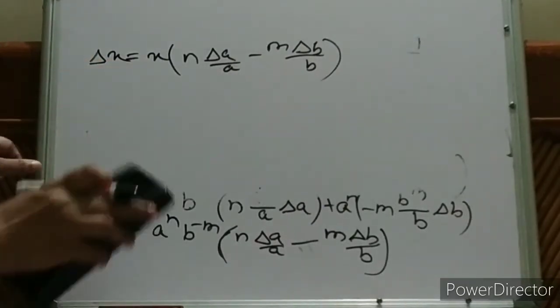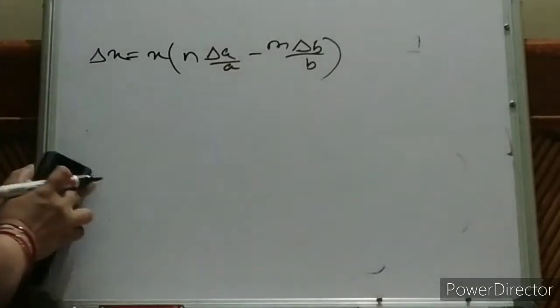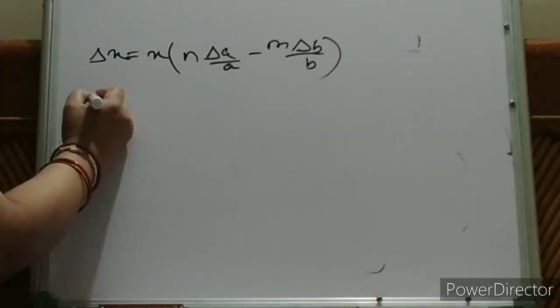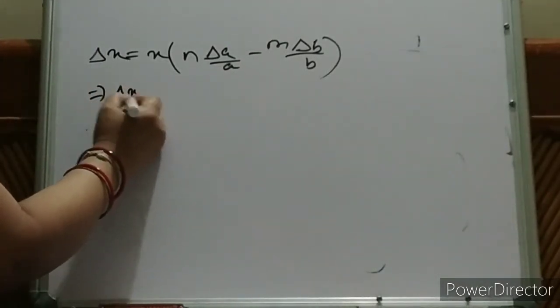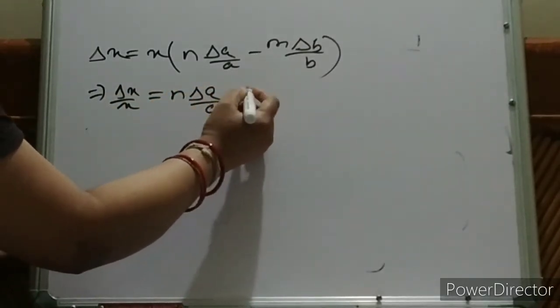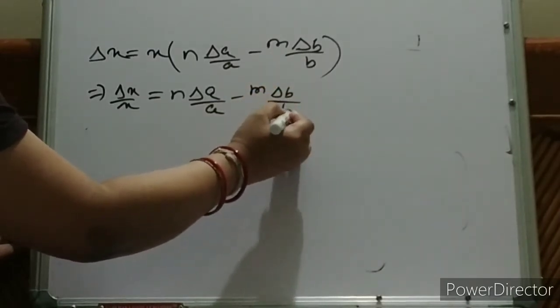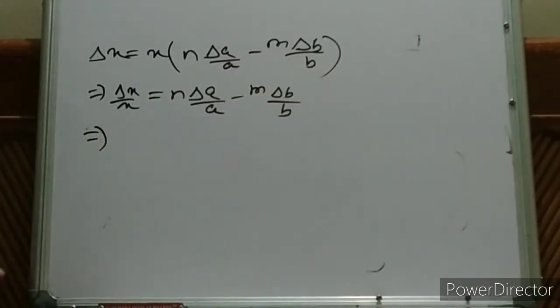Okay. Now we'll take this x to this side, left hand side. Just rearrange. Delta x by x is equal to n delta a by a minus m delta b by b. Okay. Is it clear?